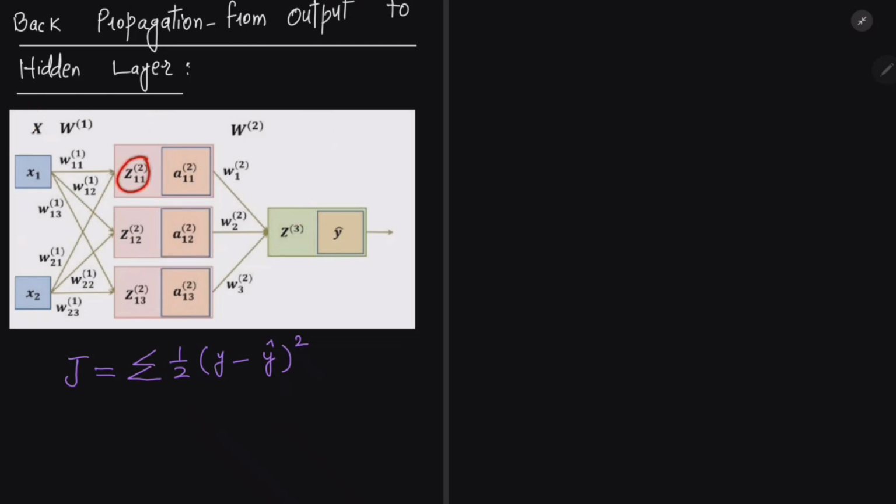This is Z11, the linear combination of all weights which are coming from the inputs towards its first neuron. I will not explain that since we discussed this in our previous video. So when we have a linear combination of weights with x1 and x2, we need to apply the activation function on this z value, which is z of 2.